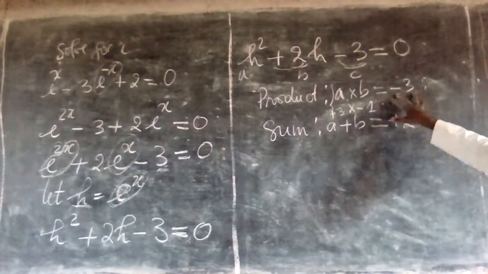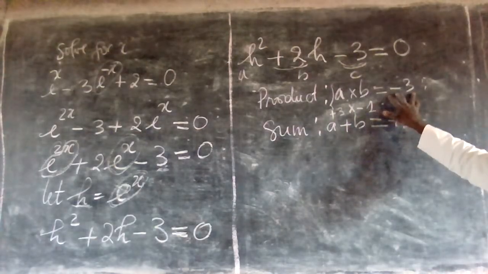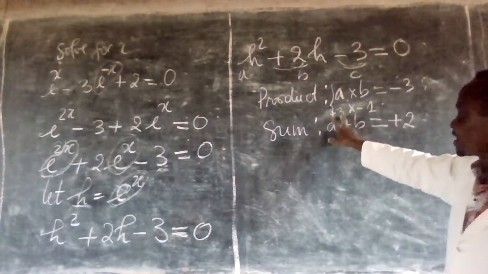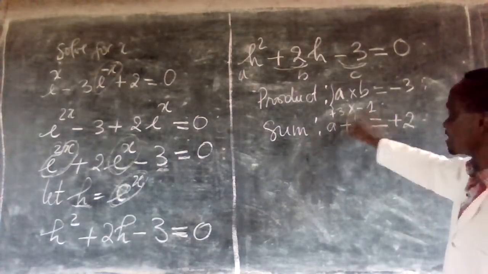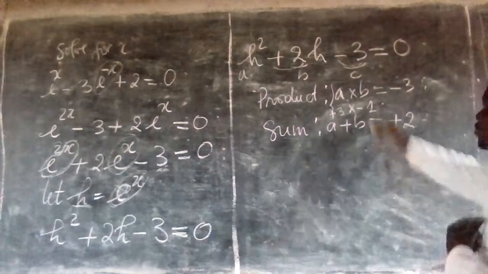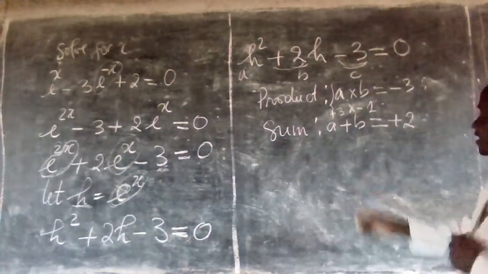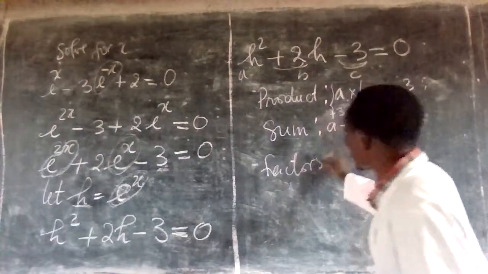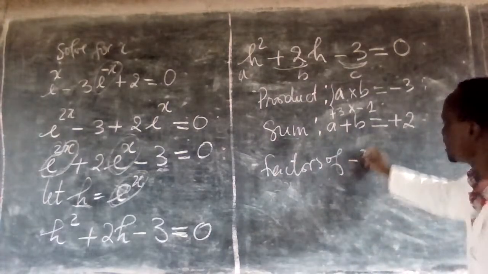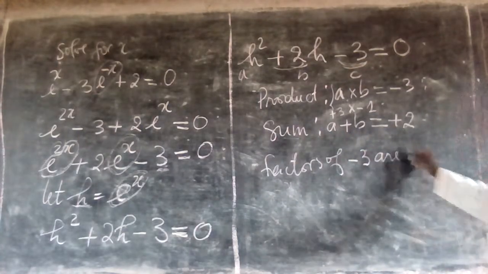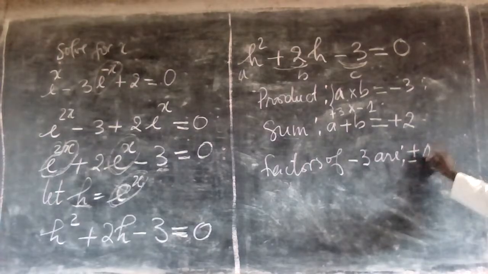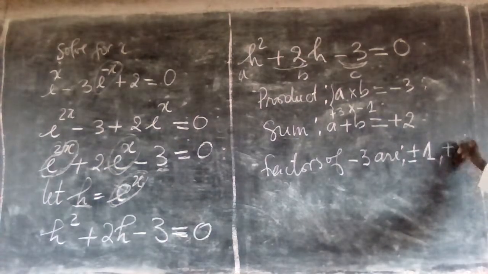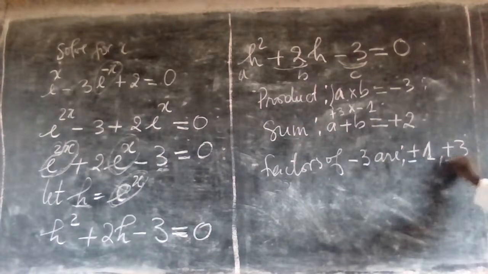Are they equal to minus 3? I'm asking you, please. The two numbers should be factors of this minus 3. Now the factors of minus 3 are plus or minus 1, and plus or minus 3.